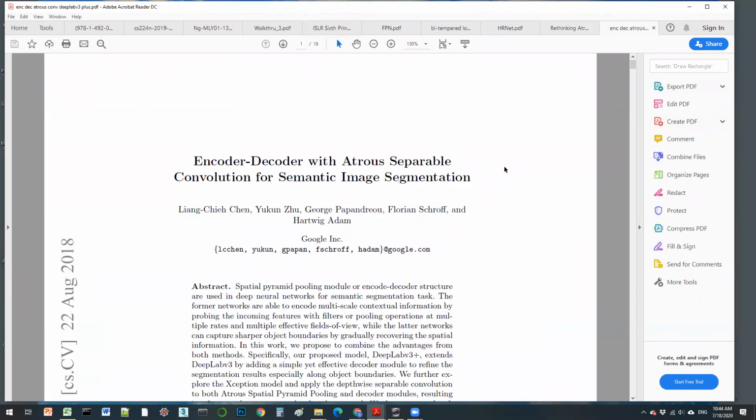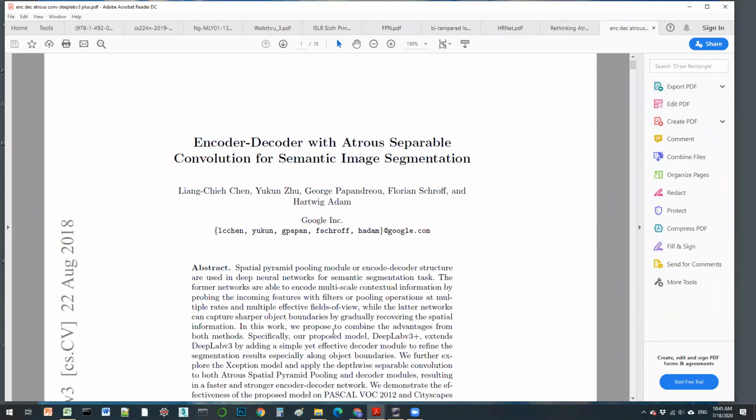These seem to provide the best instance segmentation results currently, although they seem to be very large networks from what I recall. But they also use spatial pyramid pooling, but I don't know what the atrous term means.